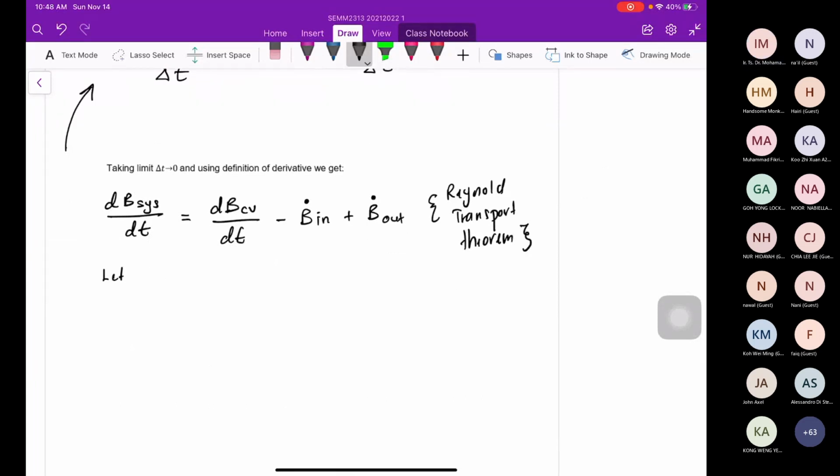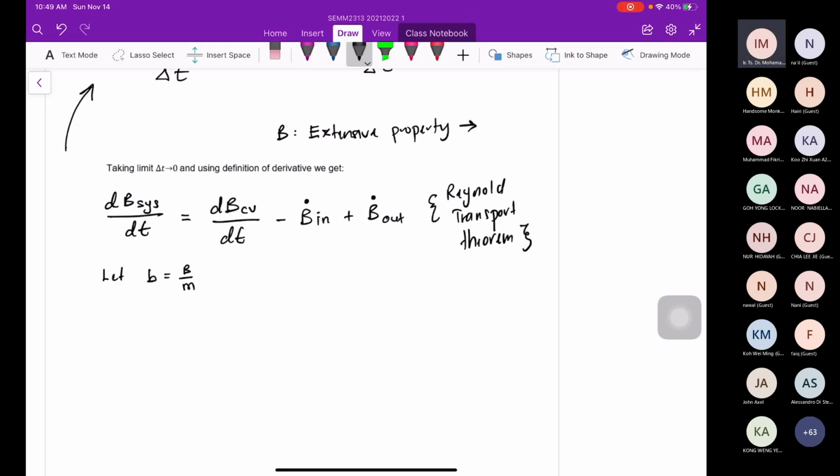Let small b equal to B over m. Okay, before that, I want to show you B is an extensive property, right? Extensive property relies on mass.